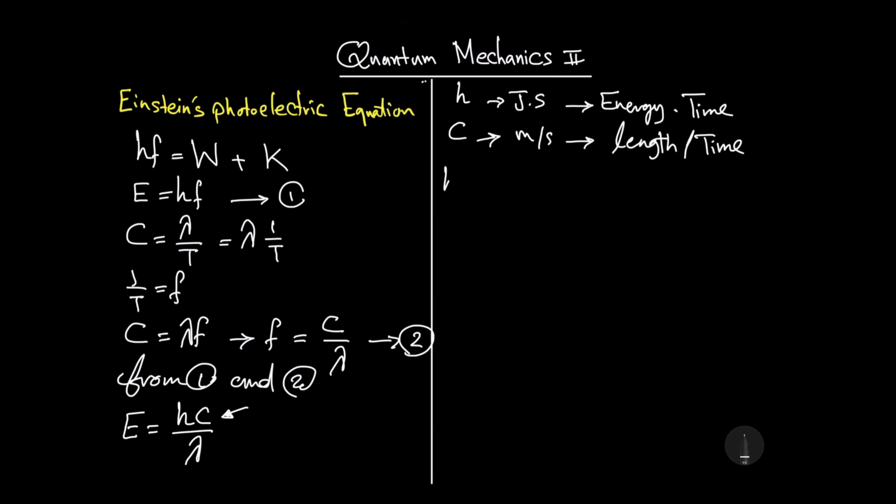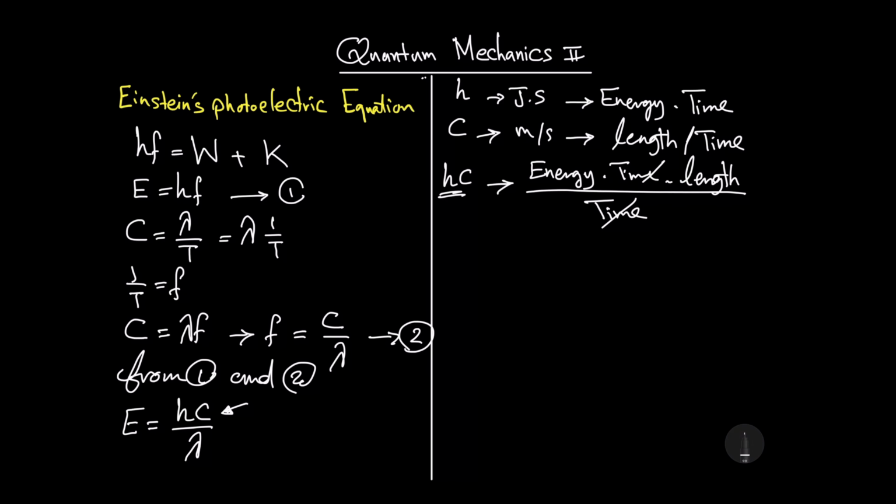So the term hc is actually energy times time times length divided by time. We cancel these times. We can conclude that the term hc is actually a multiplication of energy and length.